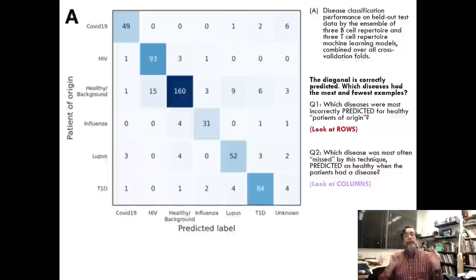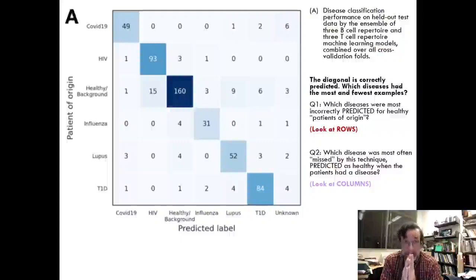So if the prediction matches the infection, or the disease, I shouldn't say infection, these are not all infections, if the syndrome matches the prediction, then the place where they line up is on the diagonal. And they will make it darker if a higher percentage of the results end up in that square. The diagonal means correctly predicted.